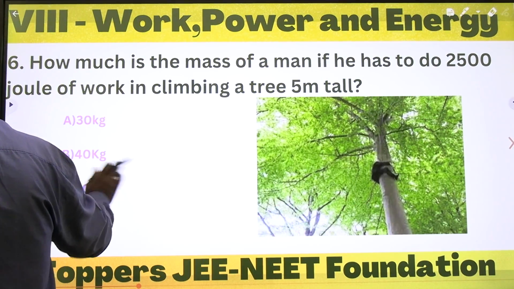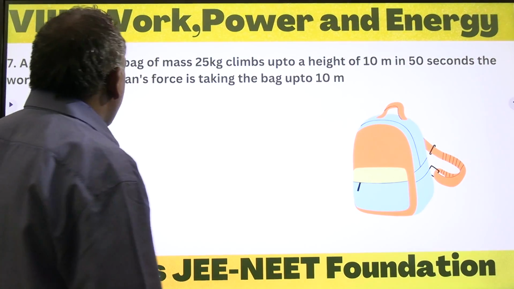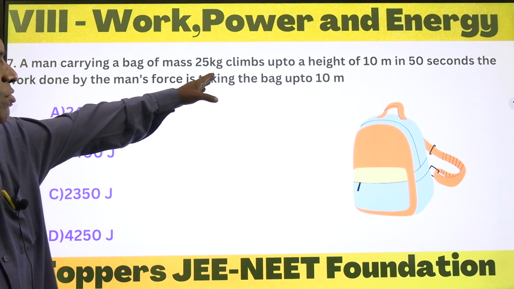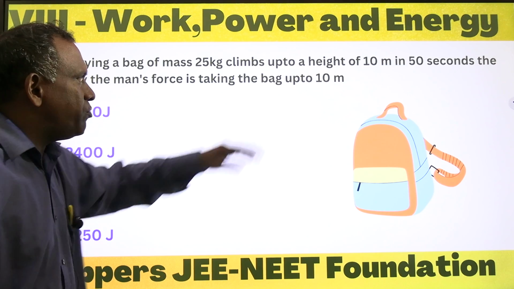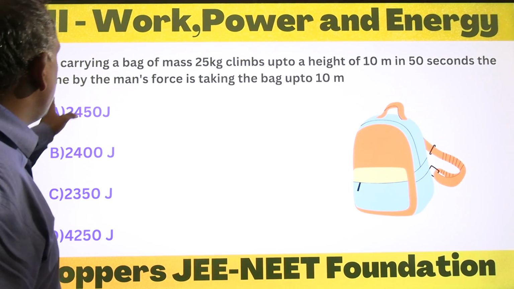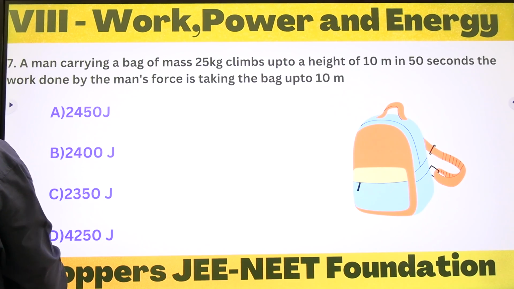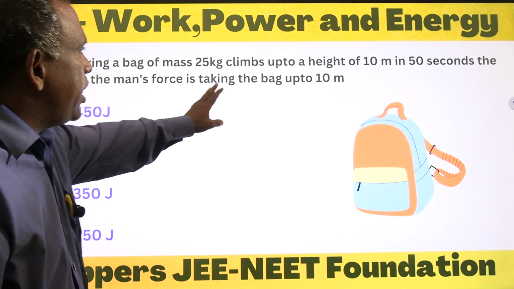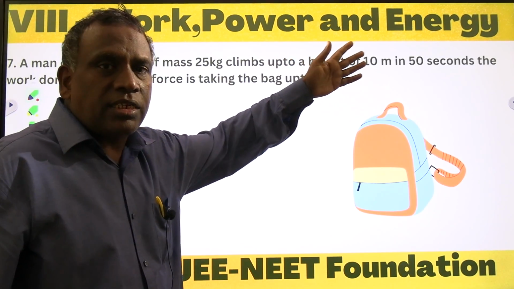Next question: a man carrying a bag of mass 25 kg climbs to a height of 10 meters in 50 seconds. Then the question is the work done. See, the work done by the man taking the bag up to 10 meters height.